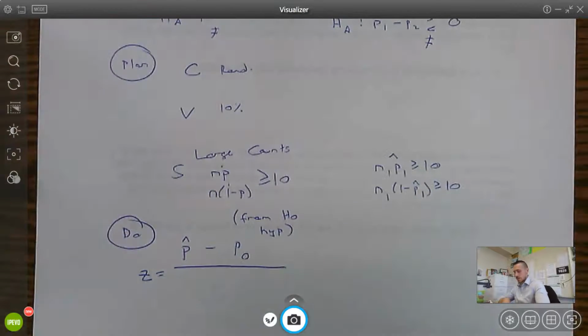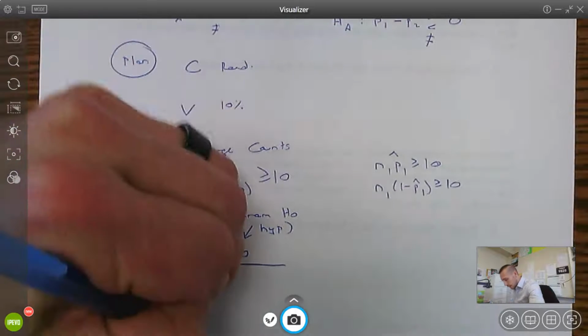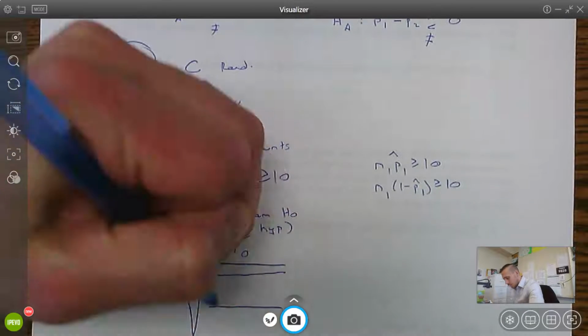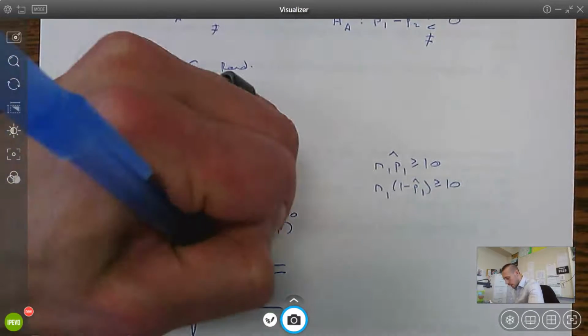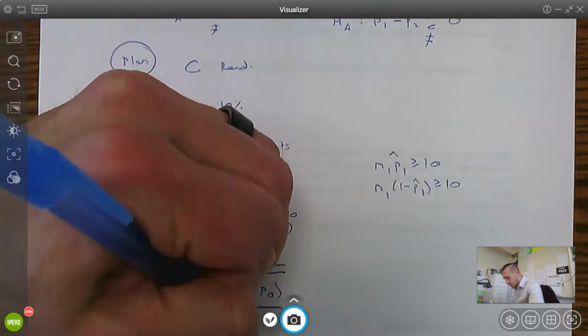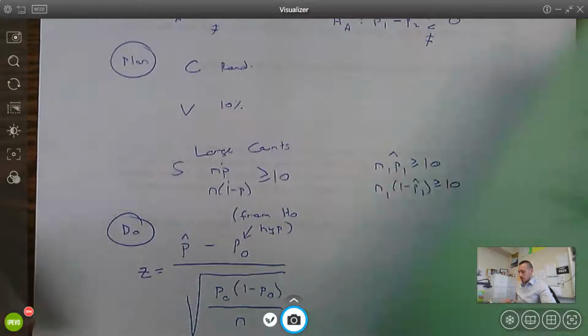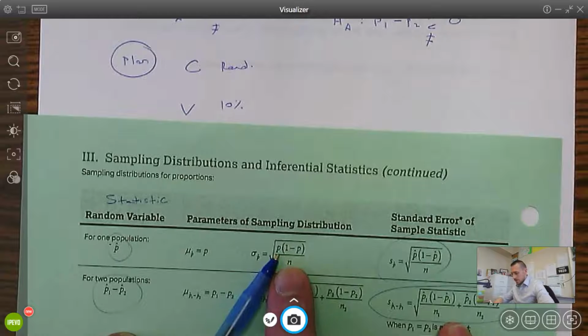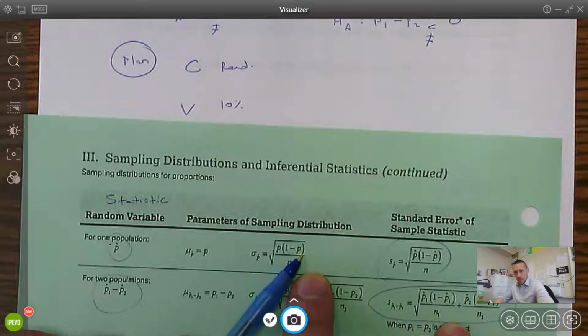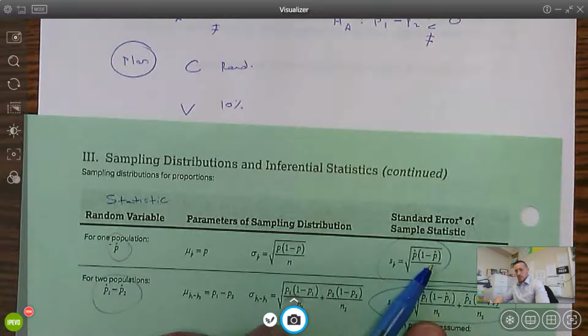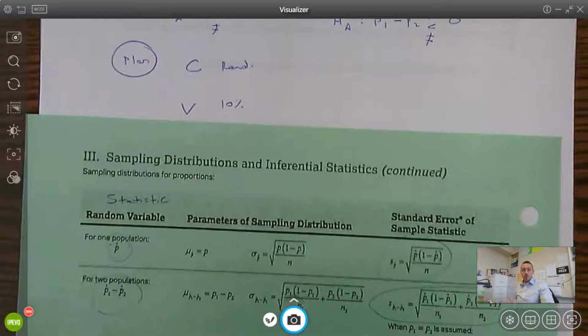If you're claiming that 30% of people have brown eyes, then this would be 0.3. That would be your null hypothesis value. Divided by, since we have a claim for P, we're going to use that claimed value times 1 minus its complement divided by the sample size. So on the formula sheet, it's really the standard deviation, because we have a claimed value. They're not putting P naught or the 0 for the null hypothesis there. So just know that you're going to do that. If you have a claimed value, use it.